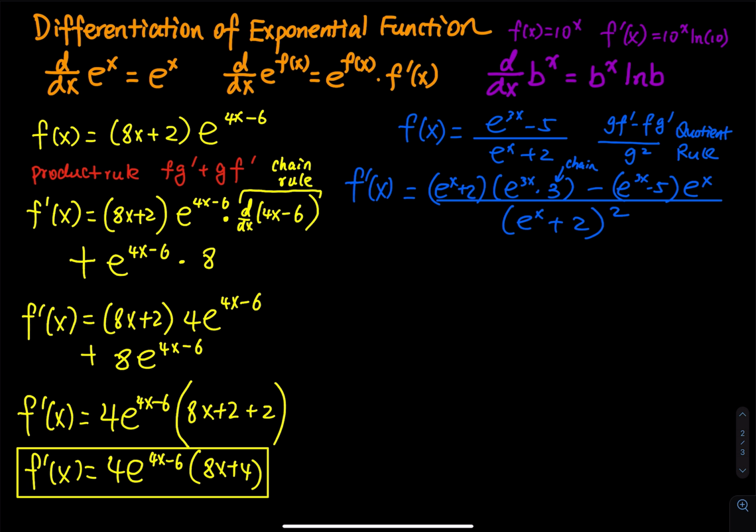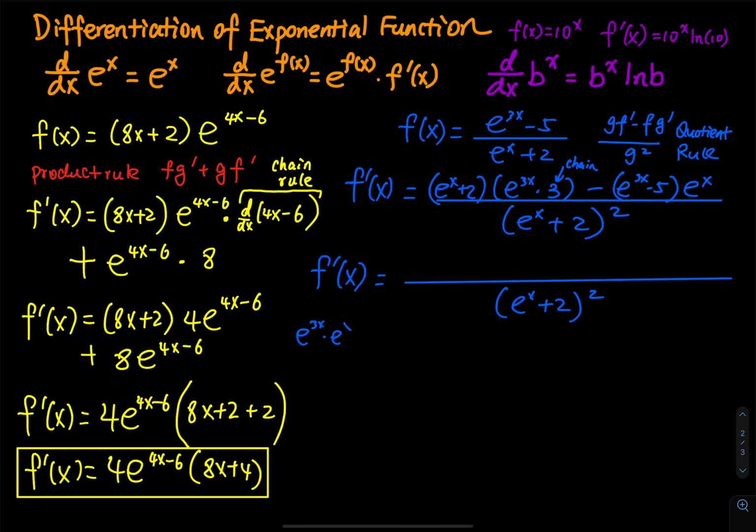Alright, the derivative is done. Let's clean up the numerator. So we have f prime of x equals a long fraction bar, and then the squared denominator. Okay, looks like we have a 3 e to the 3x times e to the x. What is e to the 3x times e to the x equal to?